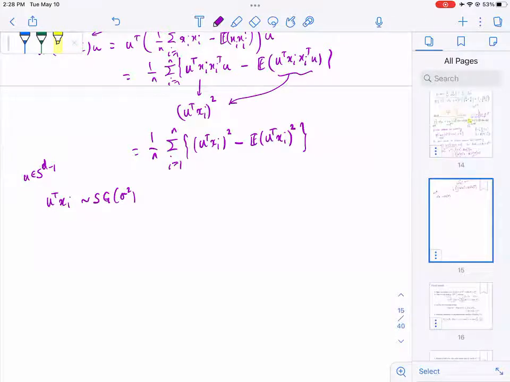And we know that the square of a sub-Gaussian random variable is sub-exponential. So this is an average of centered sub-exponential random variables. That's the Bernstein setting, so a generalized version of Bernstein inequality is very useful here. The only thing we have to calculate is the sub-exponential norm of this.